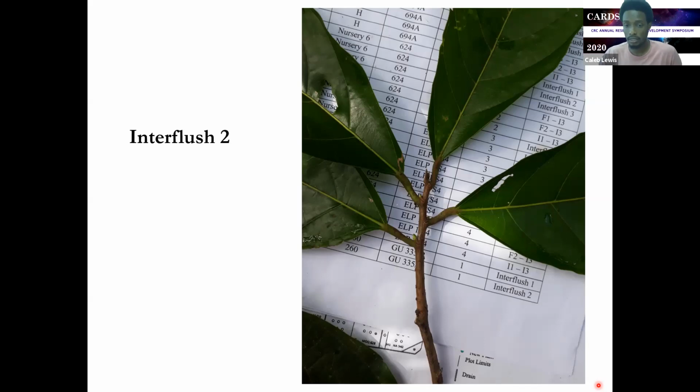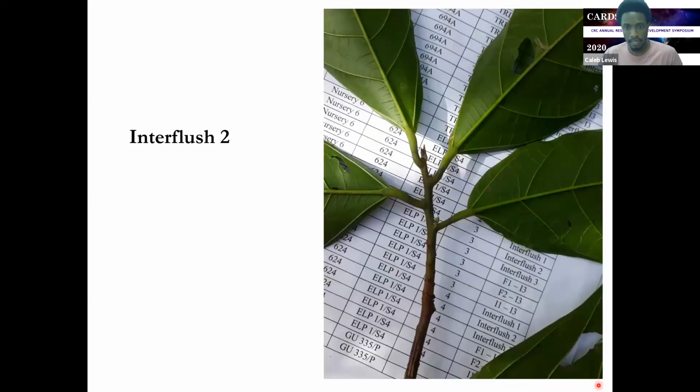So what they focused on was looking at the stem. At the interflush 2 stage, the top of the stem, the side that's facing the sun, is more hardened, more mature, whereas the back side of the stem itself is still green and shows some signs of immaturity.